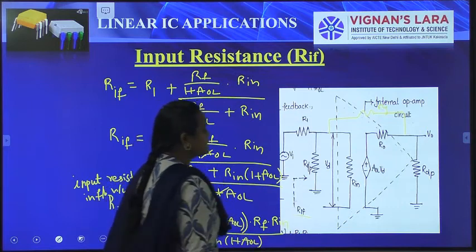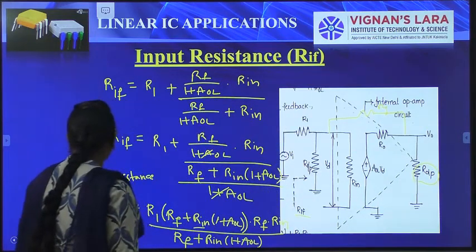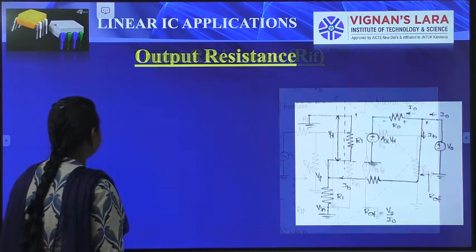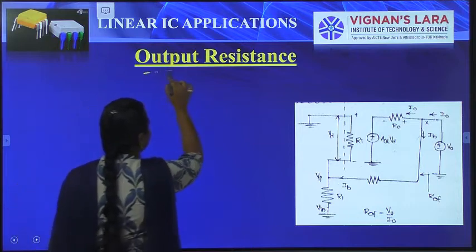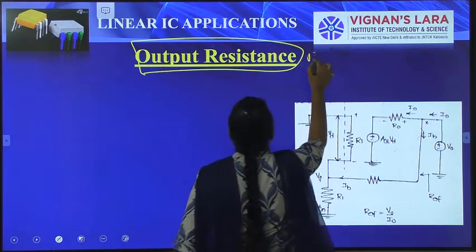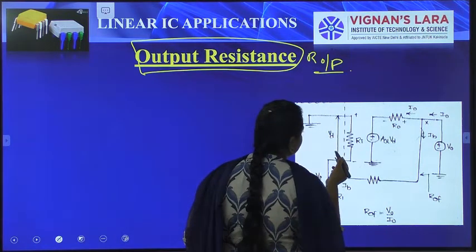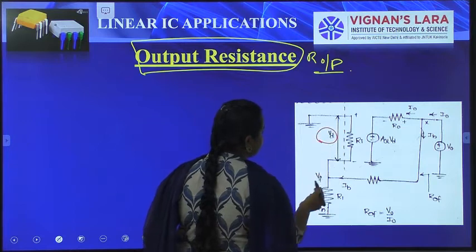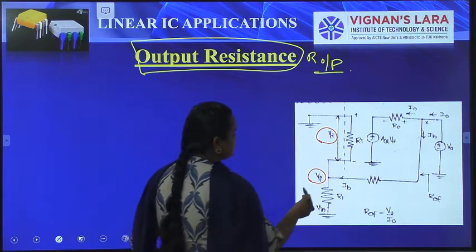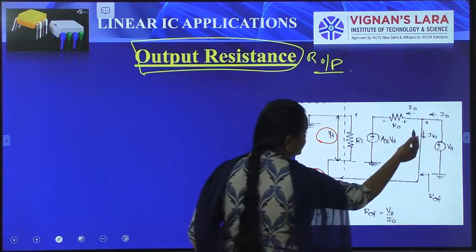Now I am going to explain the output resistance by using another network. So here we have an output resistance. We are going to calculate the R output. Here we have a voltage difference Vd, and the voltage across this input resistance is connected here, the feedback voltage at the output side.